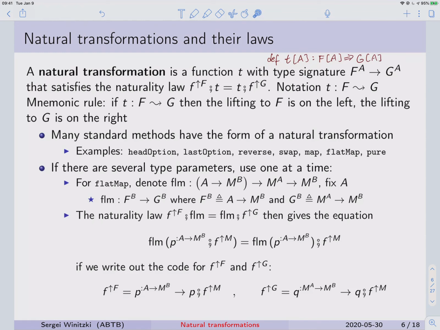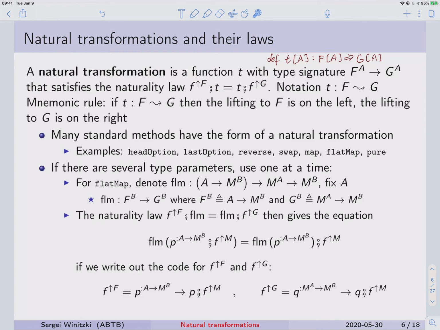And this must satisfy the naturality law, which is first you lift to f and then you apply t, or you apply t before lifting f to g.